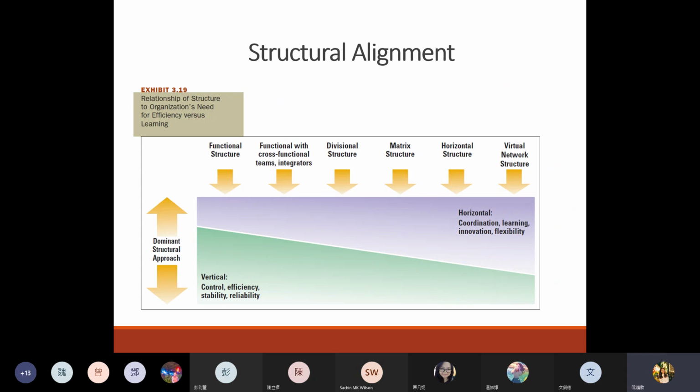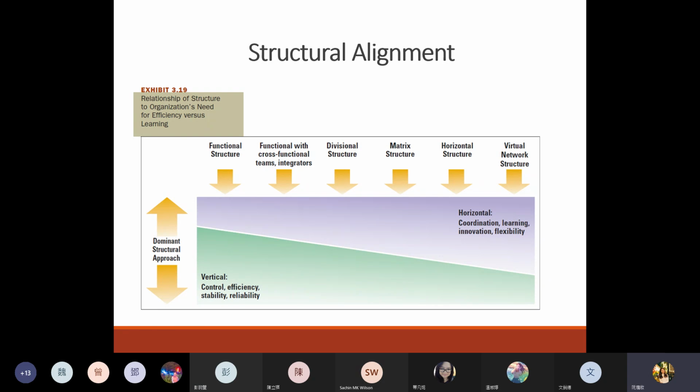So again, we look at this one. This one is an overview of all types of structure that we've studied or covered in this chapter. The left-hand side is more towards vertical structure or vertical emphasis, and moving to the right-hand side will be more horizontally oriented.